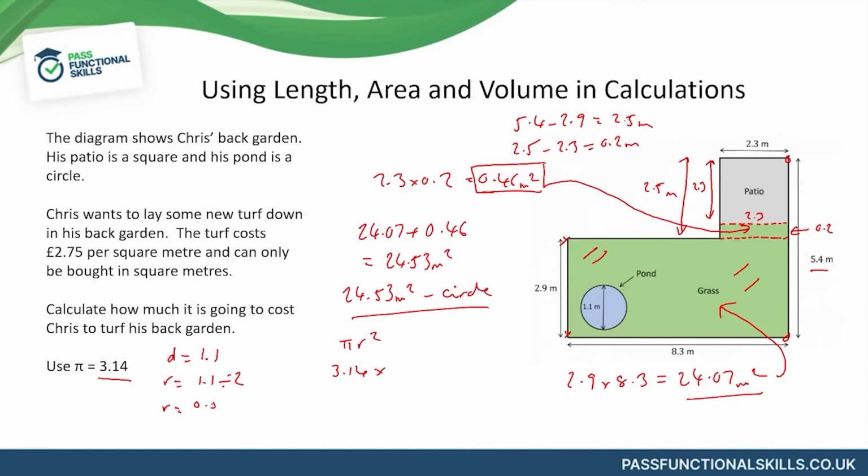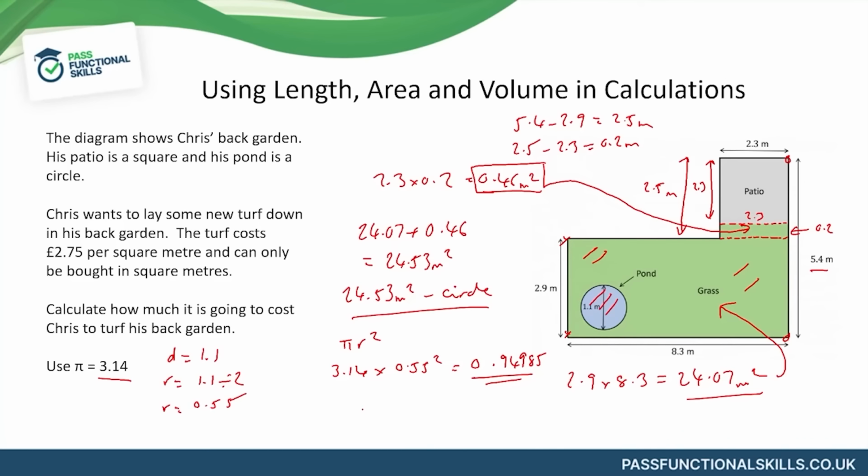So r is 0.55. So our calculation is 3.14 times 0.55 squared, and 3.14 times 0.55 times 0.55 comes to 0.94985. So this is the area of the pond.